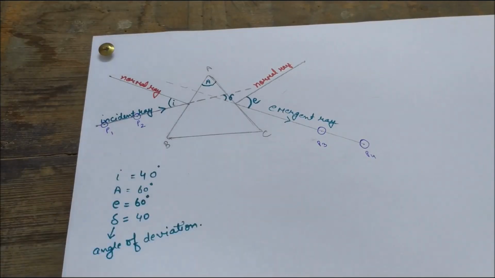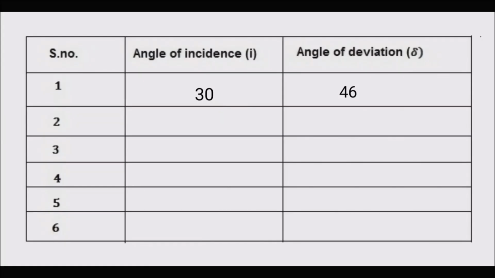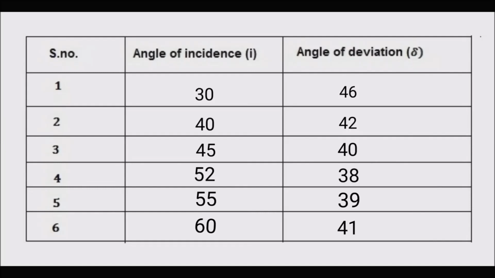Make sure all these four values always obey the prism formula. Following the same method, we have plotted the sketches of incident ray, emergent ray, and normal using the prism. For different angles of incidence, we have obtained different values of angle of deviation. It must be noted that the angle of incidence must lie between 30 degrees and 60 degrees.